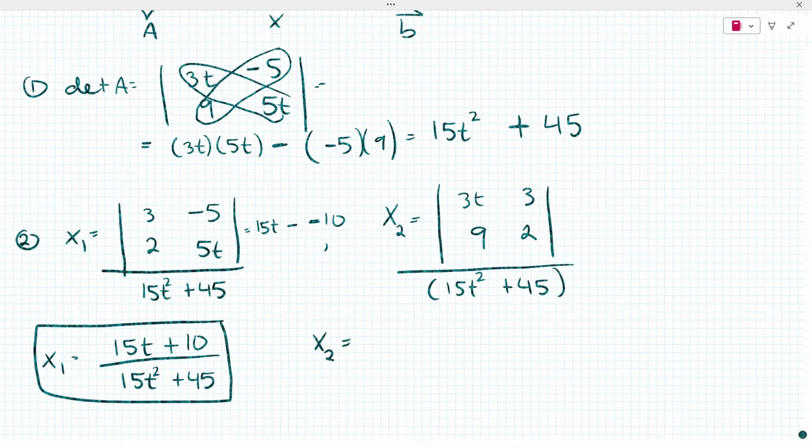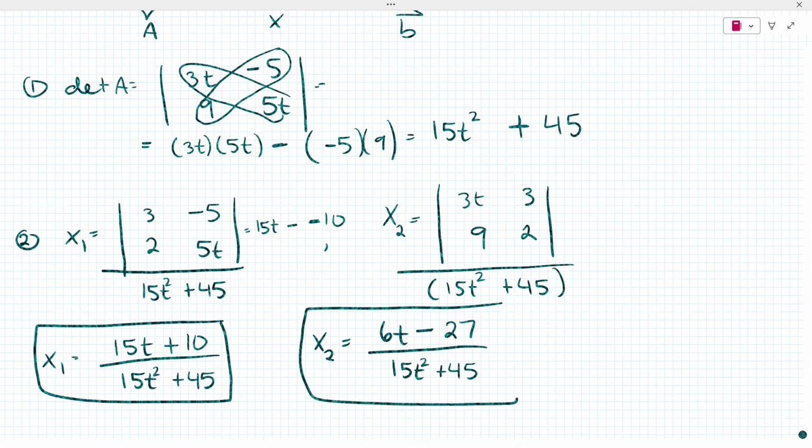X2 is going to be 3t times 2 is 6t, minus 9 times 3 is 27, and then this stays the same. And so this is your solution. And then I believe t has no restriction, so you could say where t is all real numbers.